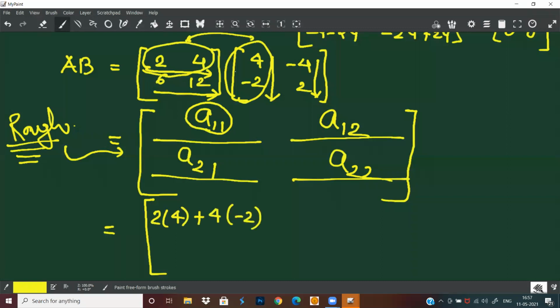Means you will use the first row with the first column for here and the first row with the second column for here. Understood?